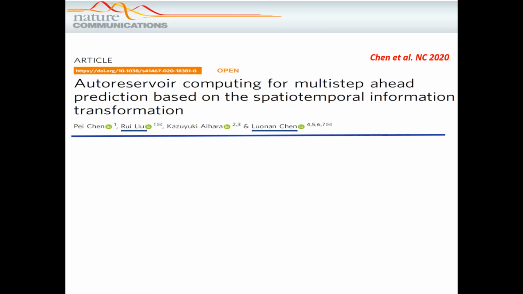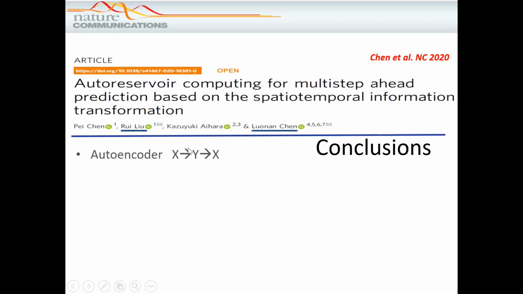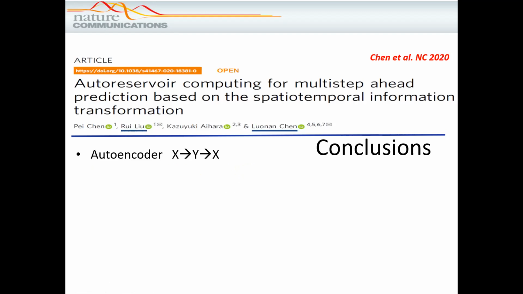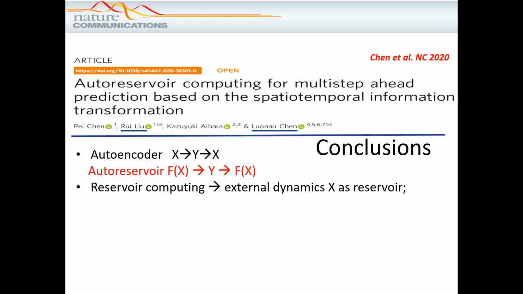Then today I showed in this work our auto reservoir computing, which is also by my former postdocs, Dr. Liu and Dr. Chen. For this one, we further solve the STI equation using the auto reservoir. And auto reservoir is different from auto encoder, as I just mentioned.